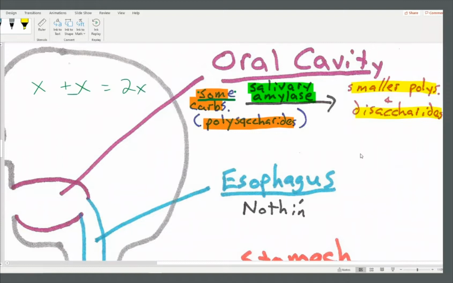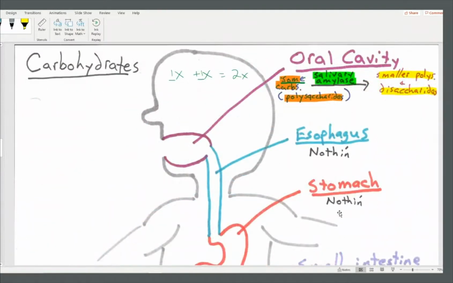They don't even bother to write the coefficient here. It's a 1. They call that in math the understood 1. So in digestion, what we have is the understood "some." When we start out with the chemical digestion of these molecules, I'm just showing you this one as an example.